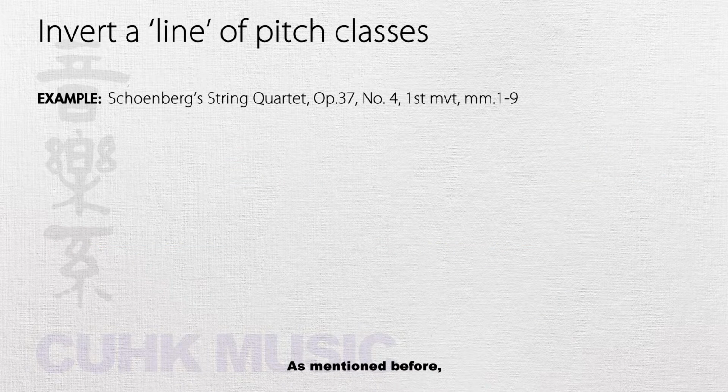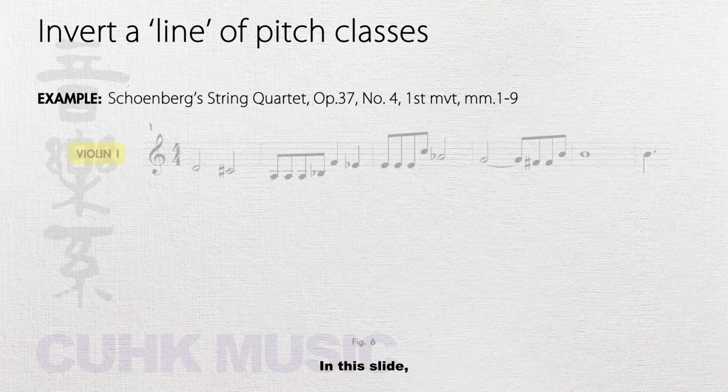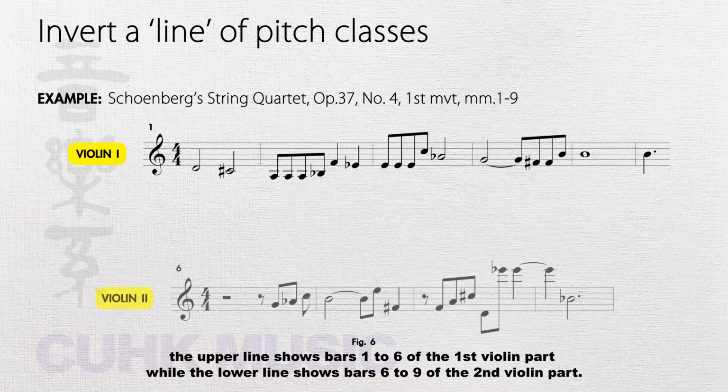As mentioned before, inversion can be applied to a line of pitch classes. We will use Schoenberg's String Quartet No. 4, first movement, measures 1 to 9 for illustration. In this slide, the upper line shows bars 1 to 6 of the first violin part, while the lower line shows bars 6 to 9 of the second violin part.